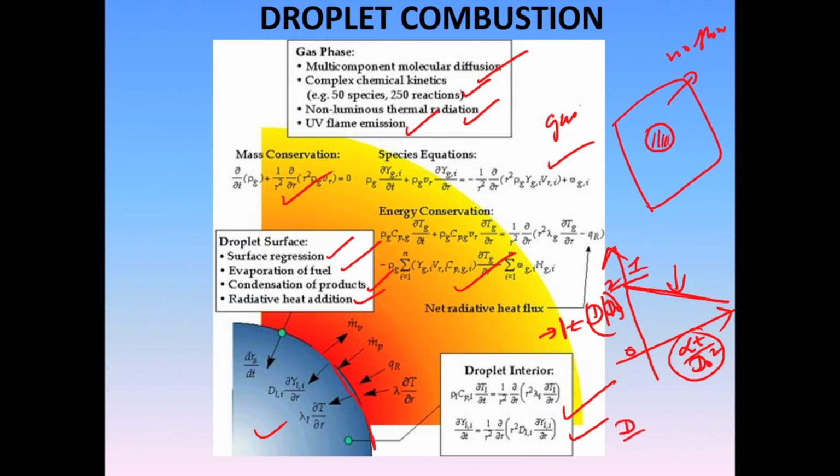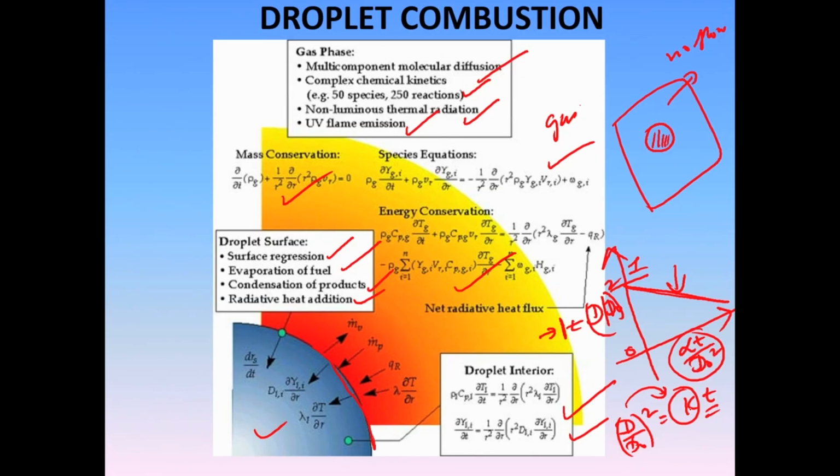So, d by d naught square will be some kind of a constant slope, kt, no matter how you normalize time. The slope value can vary depending on what droplet you are dealing with, but they got a constant slope no matter which droplet they dealt with.